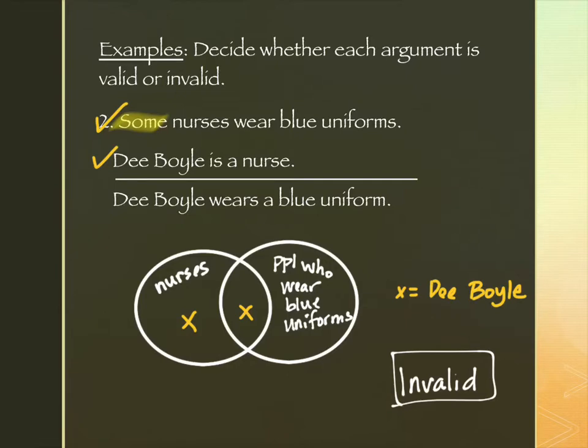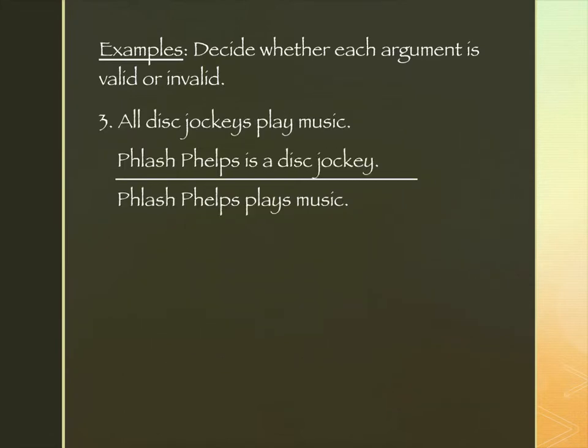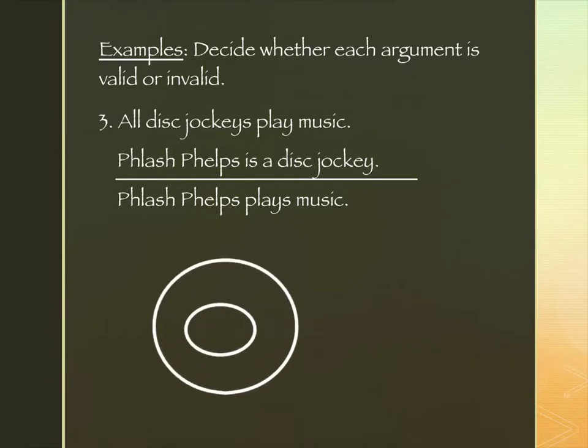Okay? All right. Let's look at number 3. Number 3 says, all disc jockeys play music. So how will I draw my first set of circles? Embedded circles. Okay? What is the inner circle?